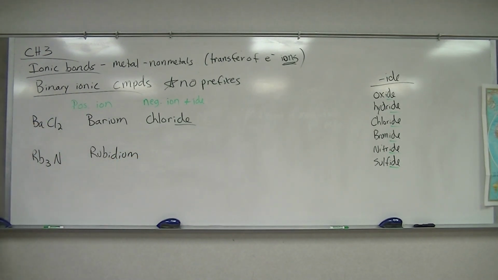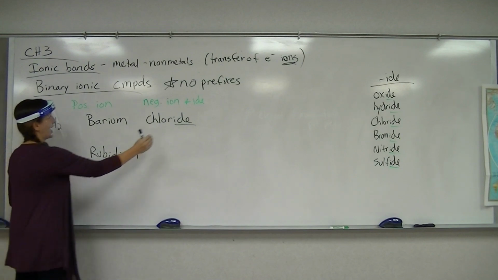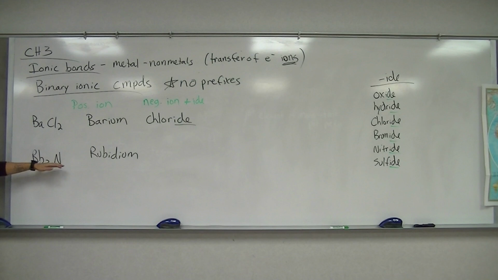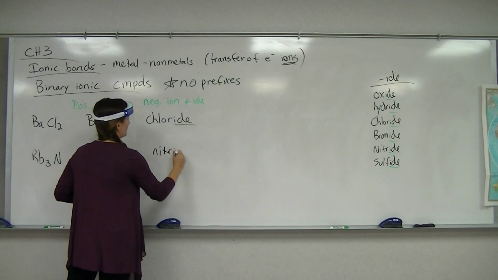I might have spelled it wrong, but my periodic table over here doesn't have the names on it, so I have to try to remember. So rubidium. Now the second element present is going to be the negative ion, the nonmetal portion. So we're going to add an IDE ending to it. So N is nitrogen, so nitrogen becomes nitride. Yes.